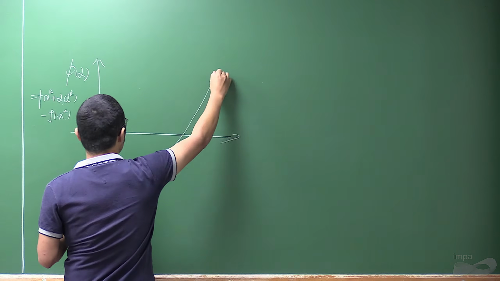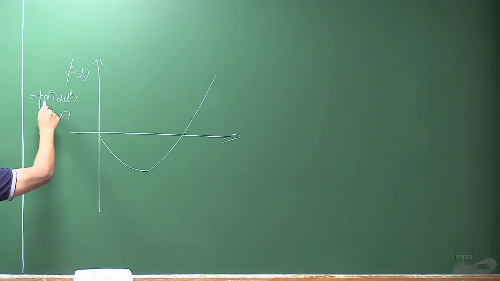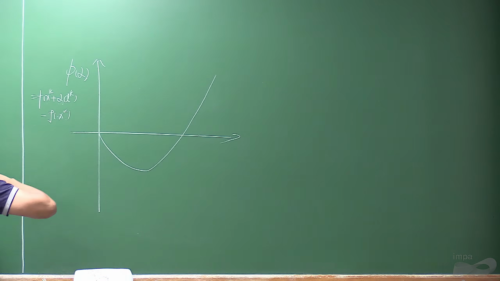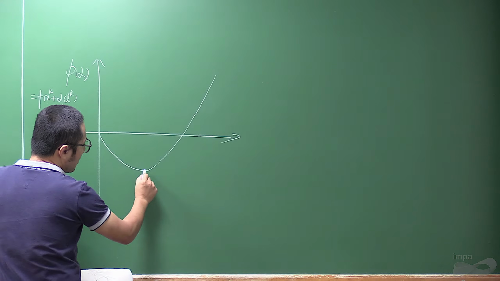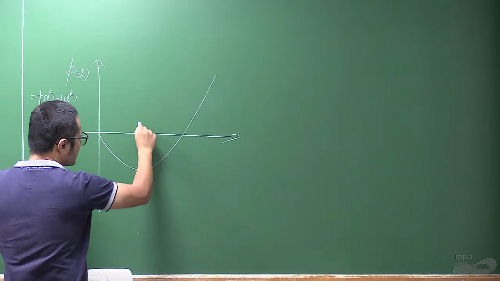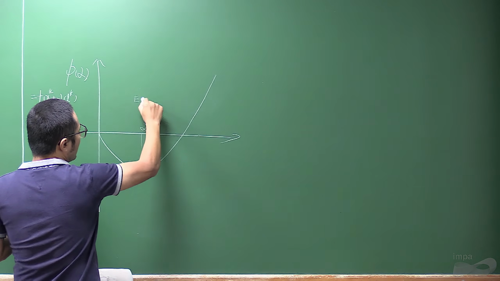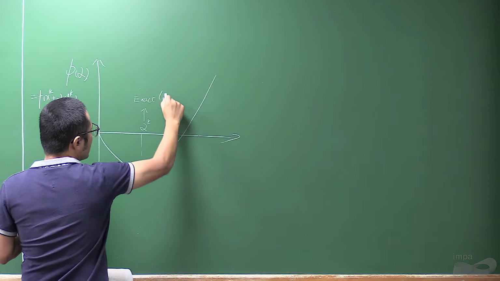If you begin from xk and go along the descent direction, in the beginning the function value will decrease, but if you go very far away, the function value will increase. So this point is alpha k, which corresponds to the exact line search.